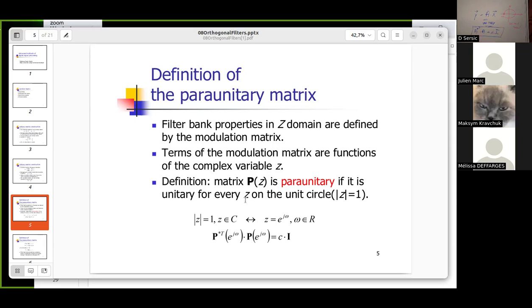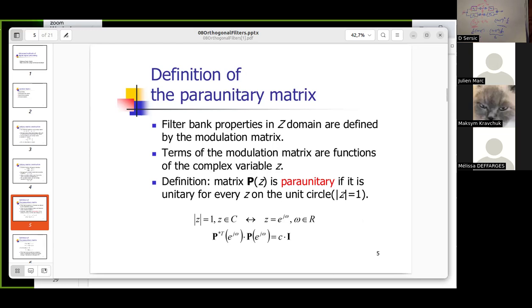In that case, we call such a matrix para-unitary, and if this is a modulation matrix of our system, it will correspond to a filter bank that preserves the energy. So the energy in the transform domain will be the same as the energy of the original signal.